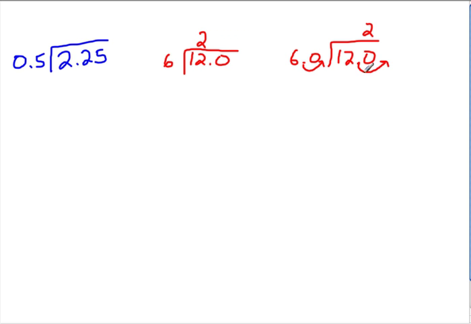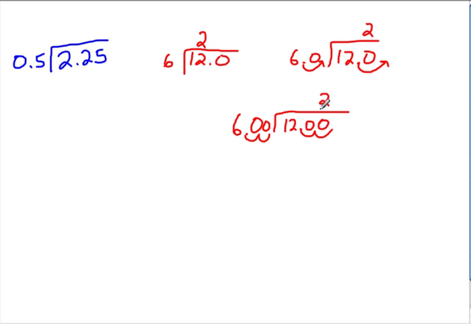And let's say I had that again, 6.0 divided by 12.0. Let's say instead I moved the decimal over twice and made this 600. And I did the same thing here and made this 1200. 1200 divided by 600 is 2.